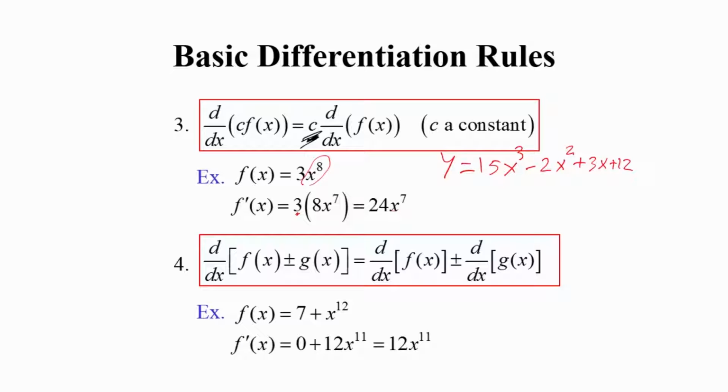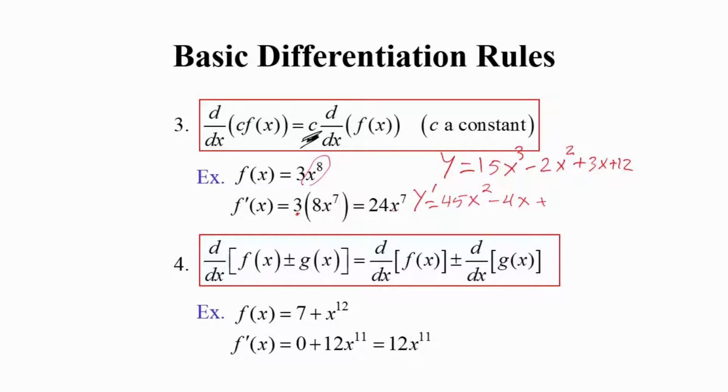So here your function has several pieces. So y prime here would be the derivative of this first one, which would be 3 times 15, which is 45, x, subtract 1 from the power, it would be x to the second. Minus 2 times x squared, 2 times minus 2 is minus 4, x to the 1.